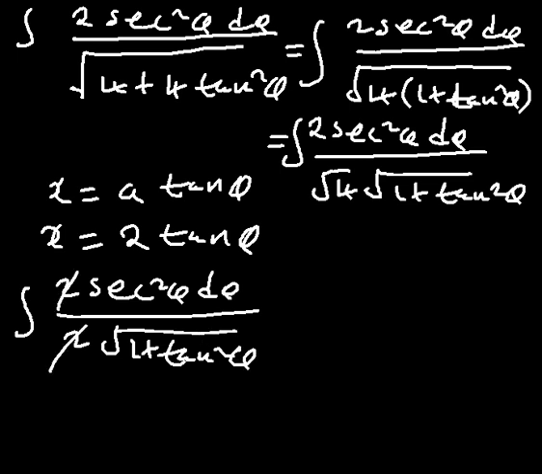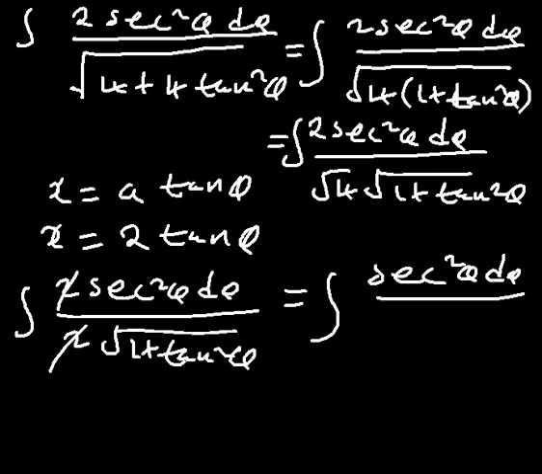Now these two cancel. We'll have the integral of sec square theta d theta divided by the square root of 1 plus tan square theta. Using the Pythagorean trigonometric identity, that is the same as the square root of sec square theta.